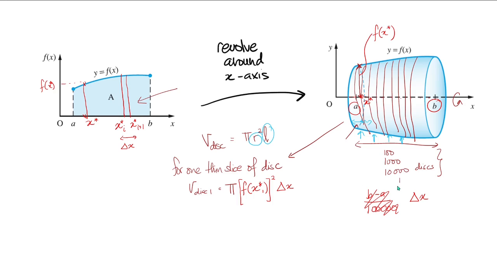You might go to infinity. Which means that the volume of the solid, the whole thing, will be just the summation of all the thin slices.